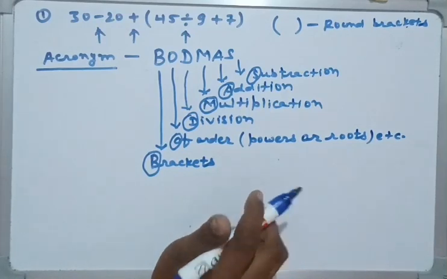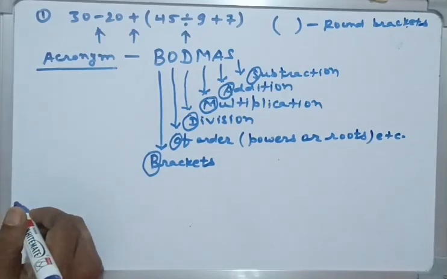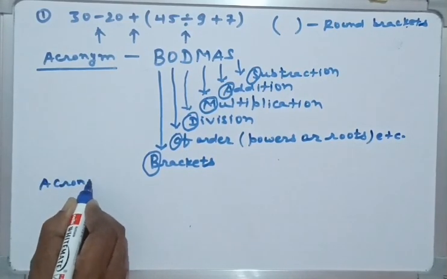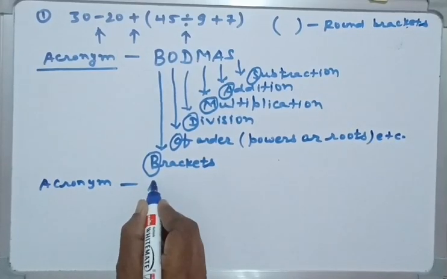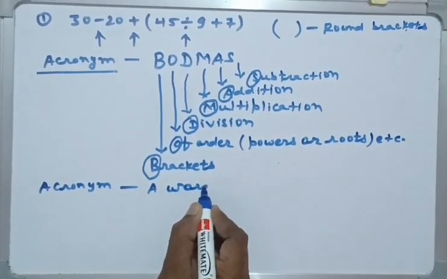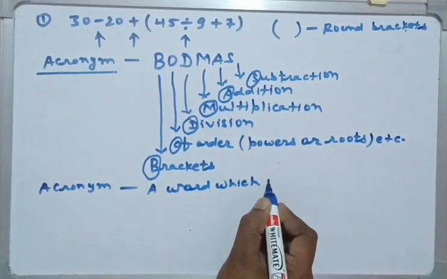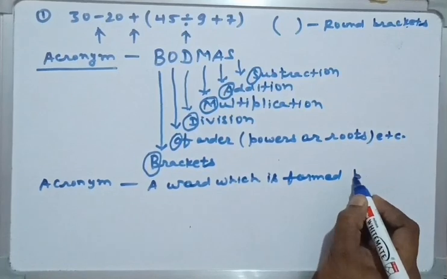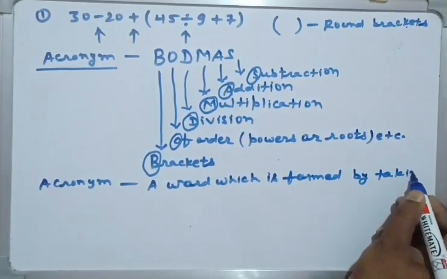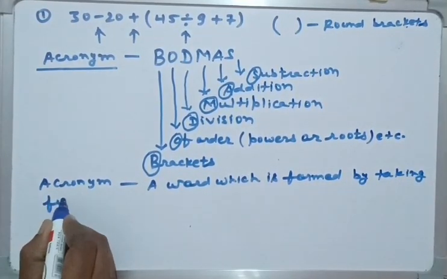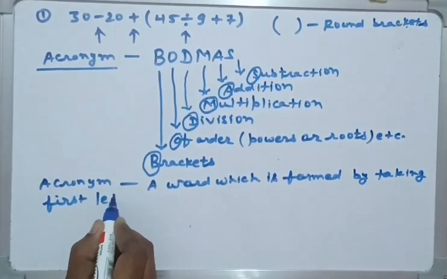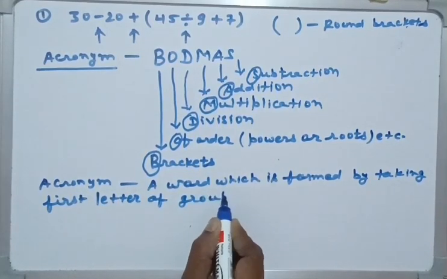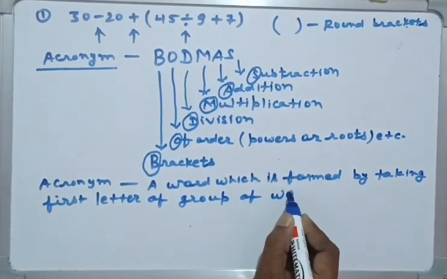Okay guys, so now the definition of acronym is: a word which is formed by taking the first letters of a group of words.